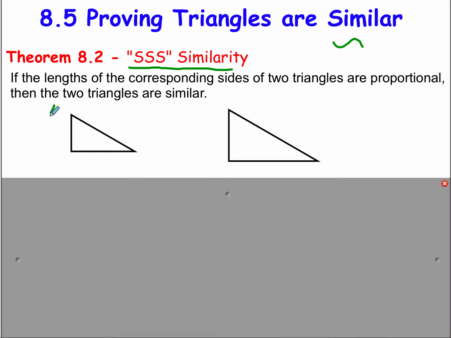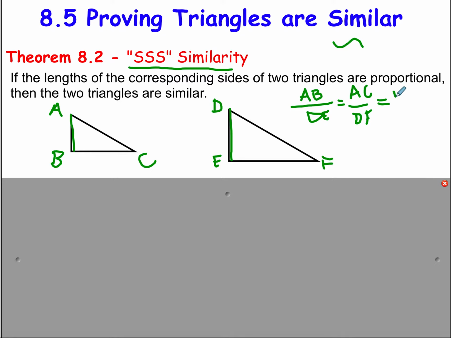So if we call this triangle ABC and this triangle DEF, then if we know that the relationship between AB and DE is the same as the relationship between AC and DF, which is the same as the relationship between BC and EF, if all of those ratios are the same, then we can say these two triangles are similar.